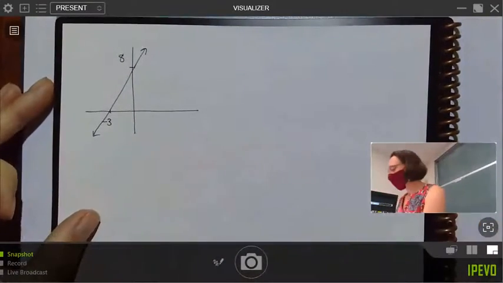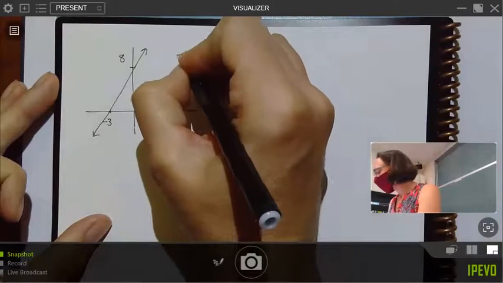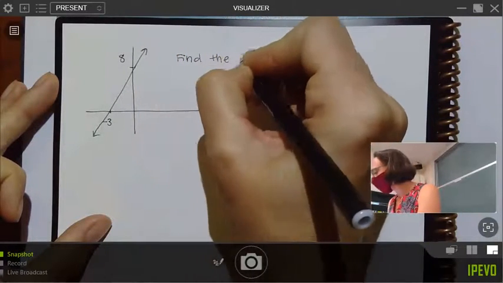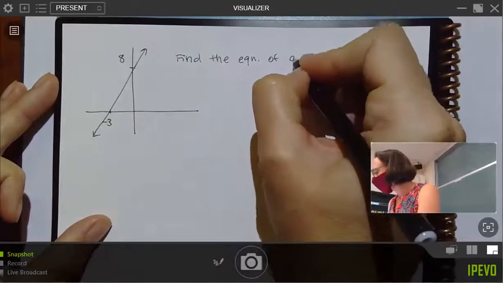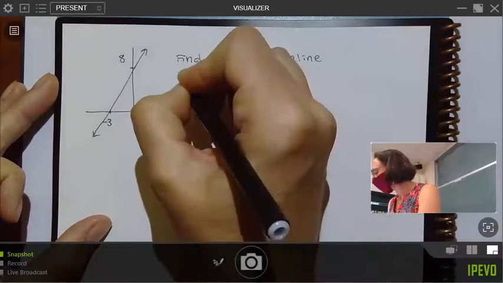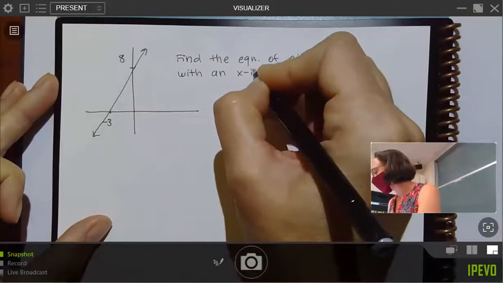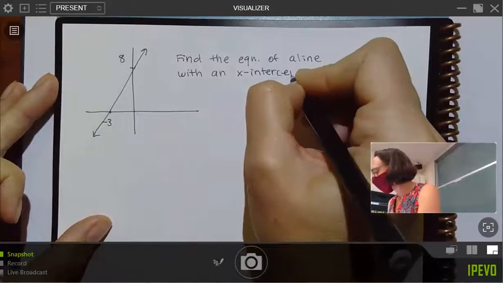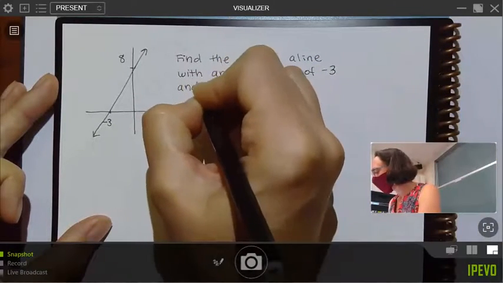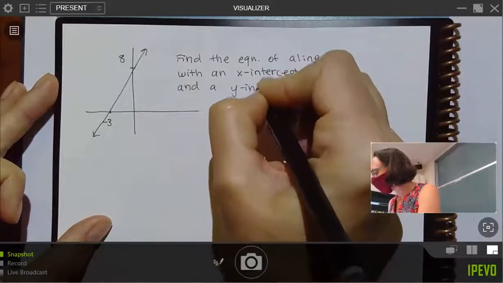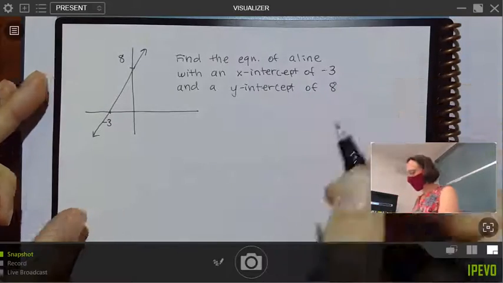So we're going to find the equation of a line. I'm going to abbreviate equation of a line with an x-intercept of negative 3 and a y-intercept of 8.